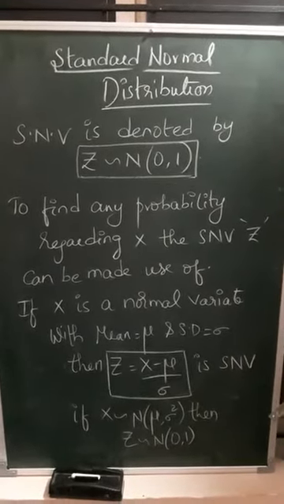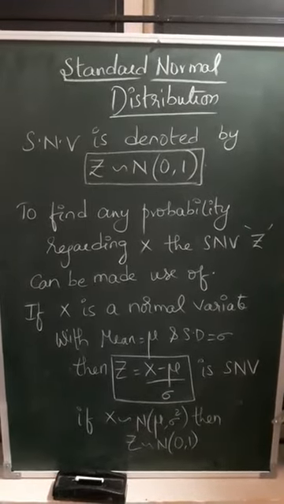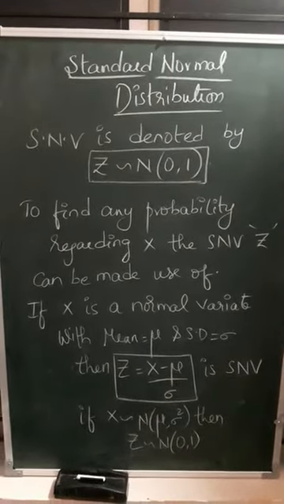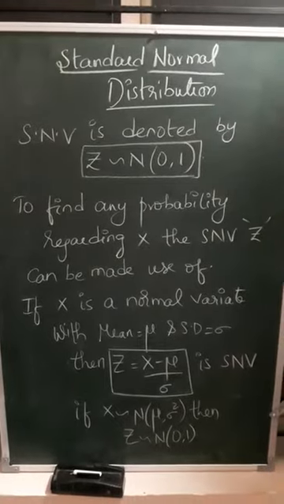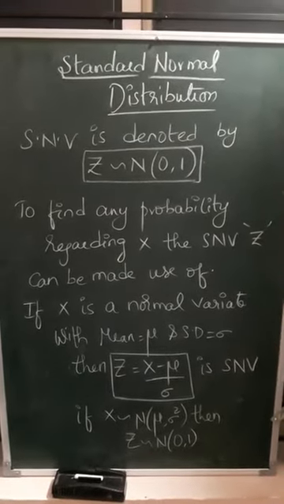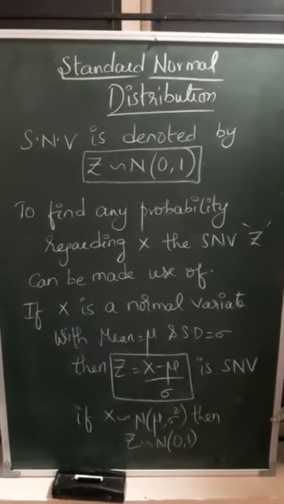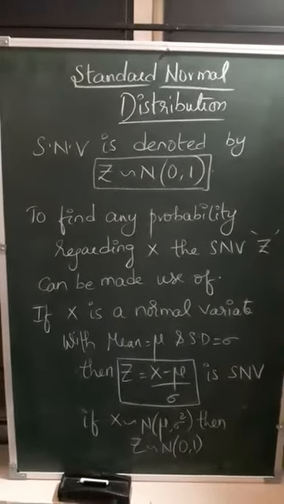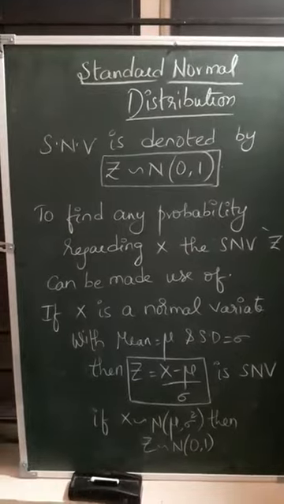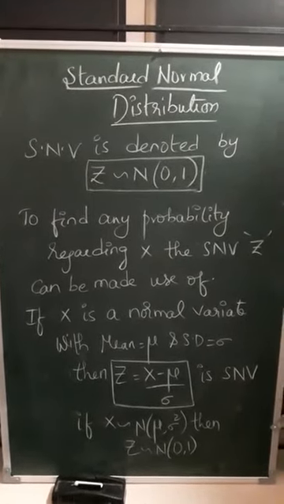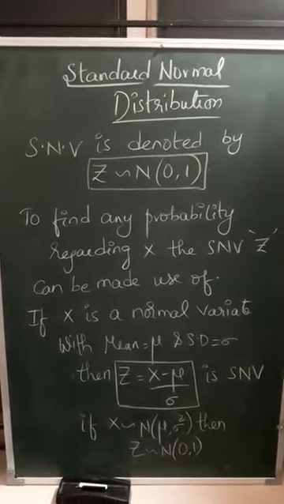If x is a normal variate with mean mu and standard deviation sigma, then z equals x minus mu by sigma. Earlier I said the PDF of the normal distribution is just for learning purposes. The main formula we are going to apply in the entire normal distribution is the standard normal variate formula, z equals x minus mu by sigma.